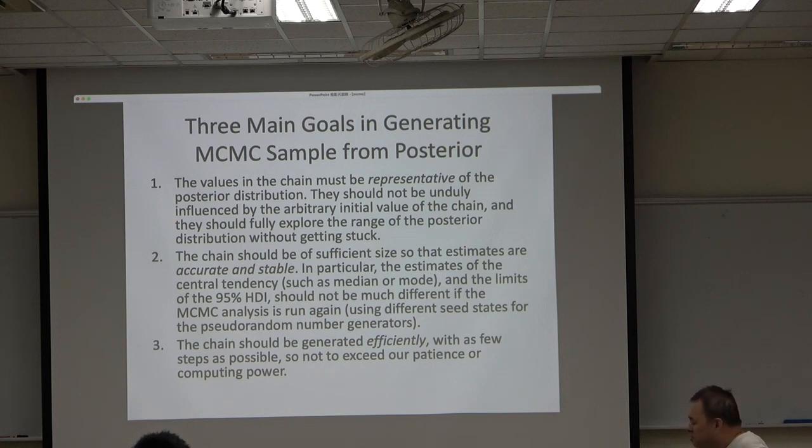But again, that depends on which type of sampling technique we are using. The chain should be generated efficiently with as few steps as possible, so as not to exceed our patience or computing power.